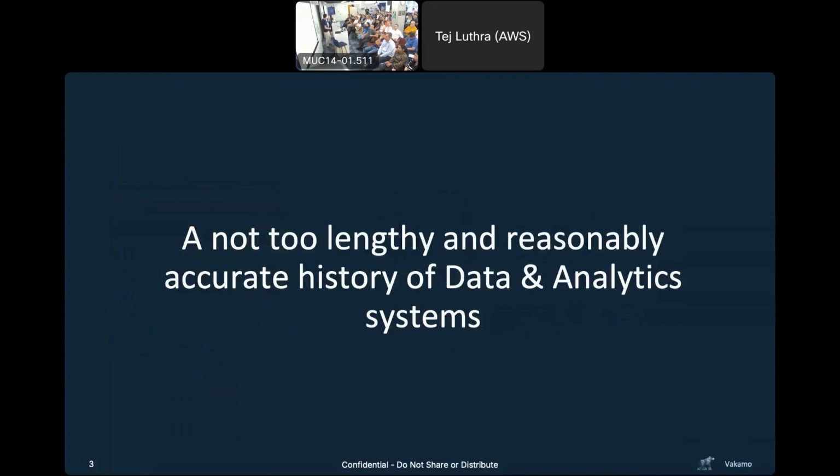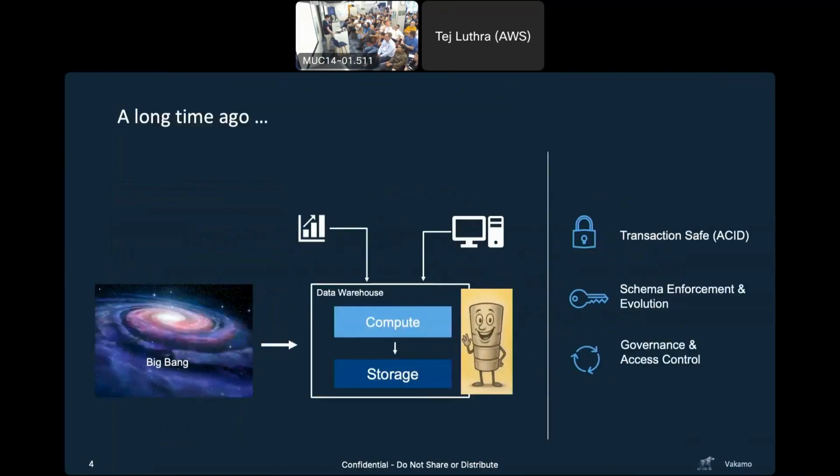Okay, I want to start with an introduction: a not too lengthy and reasonably accurate history of data analytics systems. So let's get going. Why are we where we are today? Shortly after the Big Bang, we started to develop relational database systems, right? And we started to use them for data analytics use cases as well.